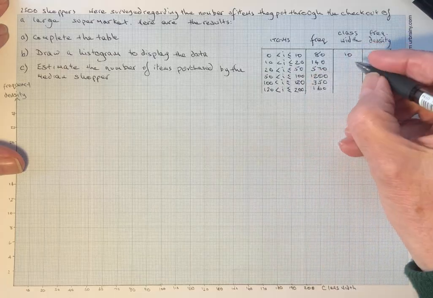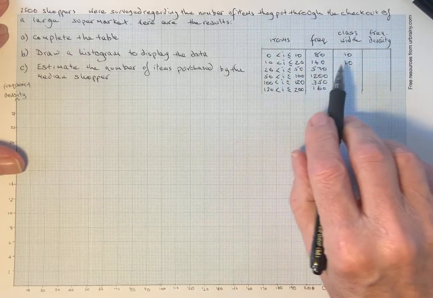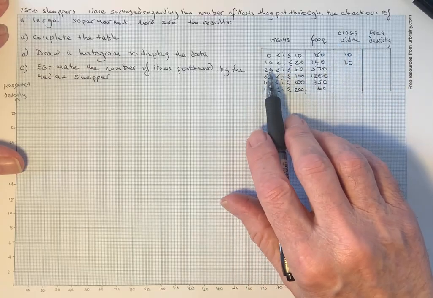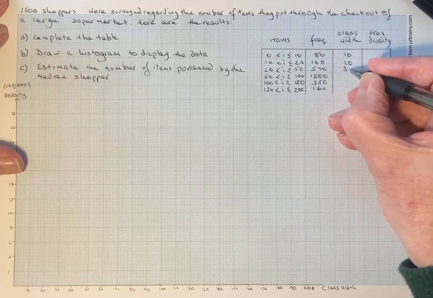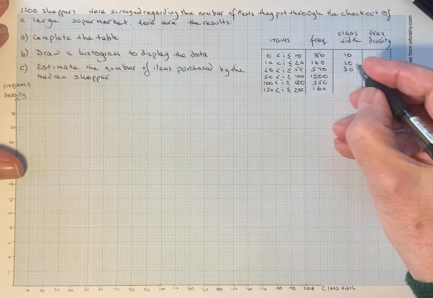20 take away 10 is also 10, so I'll put 10 in there. So these two bars are going to have the same width. 50 take away 20 is 30. This is quite a wide bar. 100 take away 50 is 50.